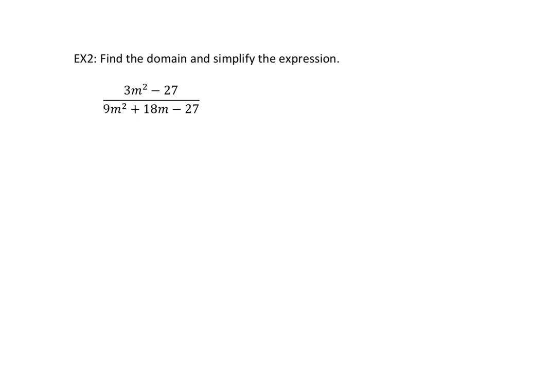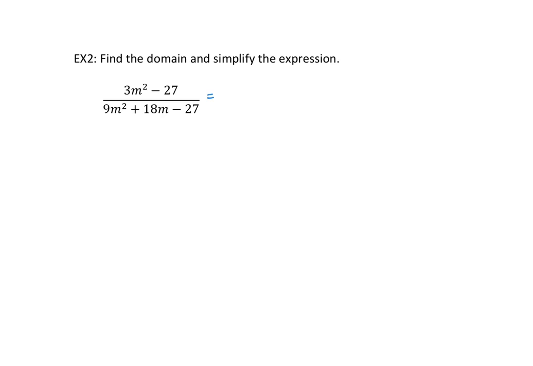In order to determine the domain, I need to factor the denominator to see where it's going to be equal to 0. And in fact, I'm going to factor the whole thing because the second part of this is to simplify. The only way you could simplify a fraction is if you can cancel factors from the top and bottom. To be able to cancel factors from the top and bottom, it has to be factored.